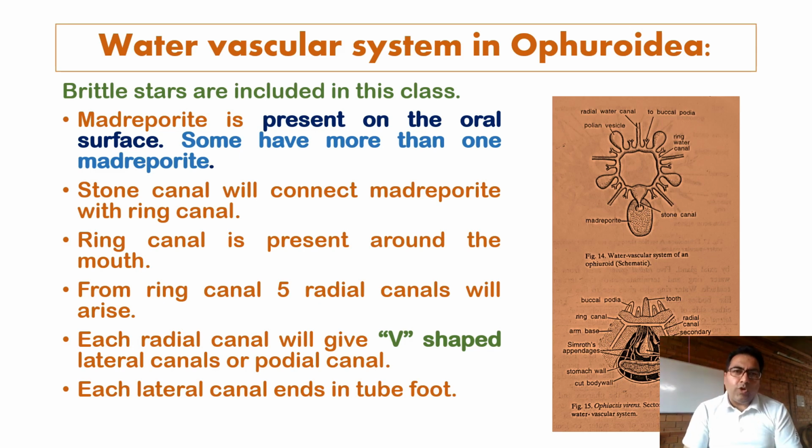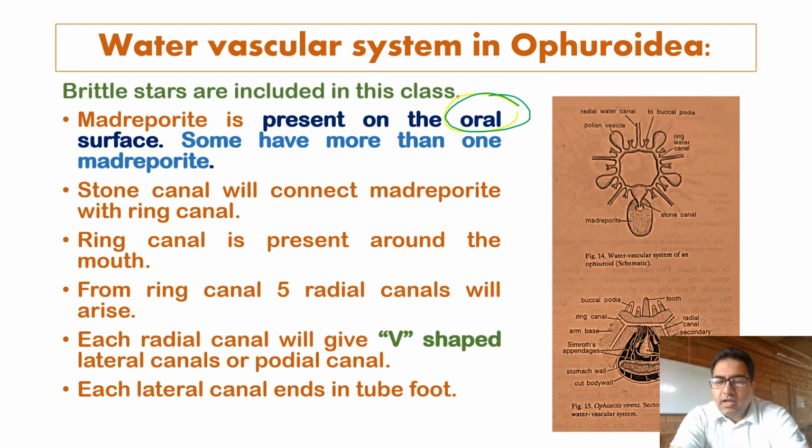And now we shall be moving on to the water vascular system in the case of Ophiuroidea. So we are talking about the brittle stars. They are included in this class. Madreporite is present on the oral surface. Now keep in mind that in the case of Asterias, it was present on the aboral surface.